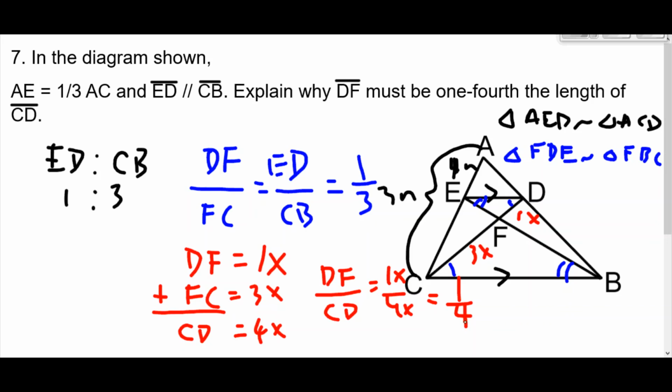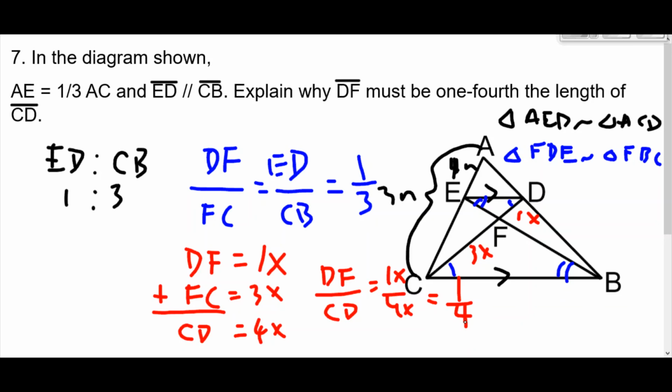Okay? And so it was a matter of showing that the triangles are going to be similar to each other. The reason for triangle AED similar to triangle ACD is that if a line segment intersects two sides of a triangle and is parallel to the third side, the new triangle formed is going to be similar to the original triangle. And then from there, we know corresponding sides are going to be proportional to each other.